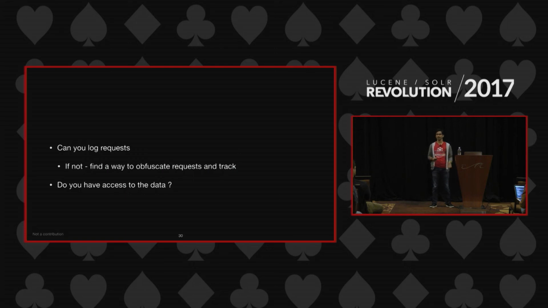We can't share the requests, but can you take a look? You can at least go back and say, we see X number of errors, and these are the IDs. Give these IDs back to your customer as part of your response. You can do that in multiple places, but make sure you're sending that ID back to the customer so that there's some means of communication between the customer and you.